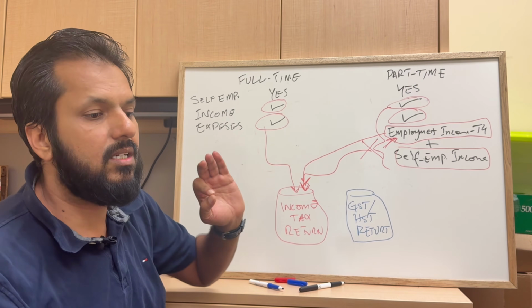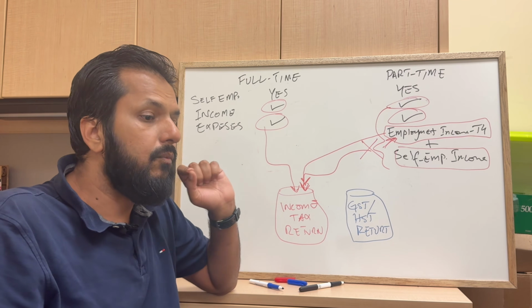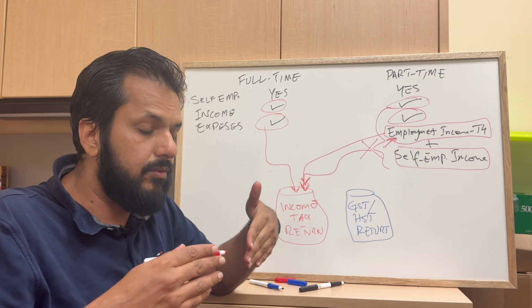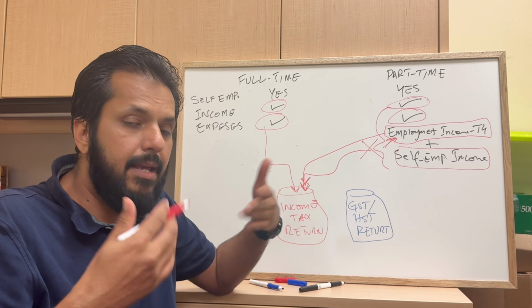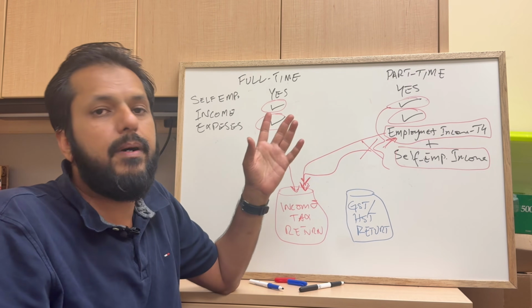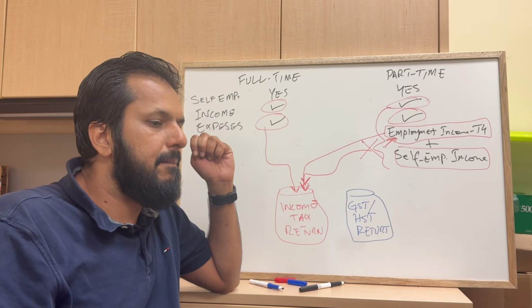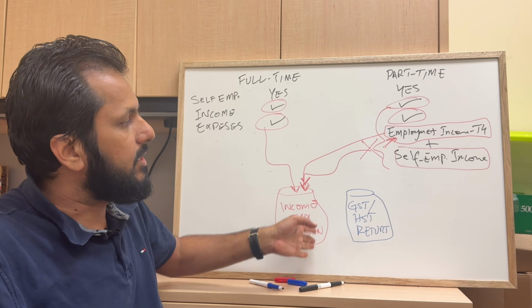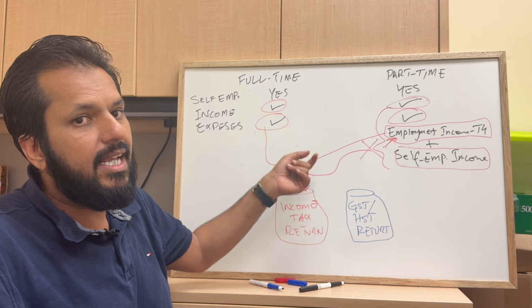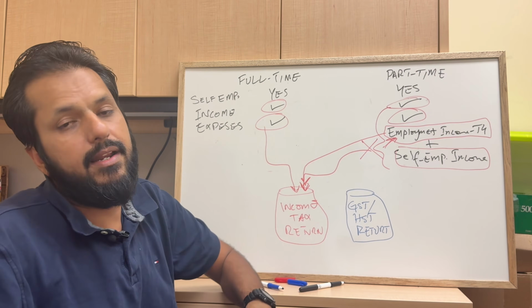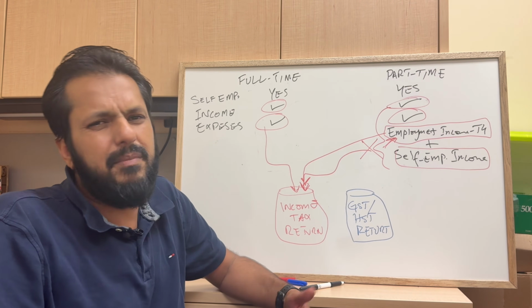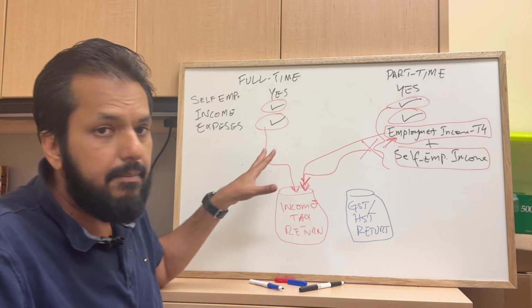This is the key, because we actually have to make amendments and refiling for a lot of part-time Uber drivers who have just filed their income tax return with just this income. So if you do this, you're definitely going to get an audit from CRA, and then you're going to be in trouble, right? So that is about the income tax return.